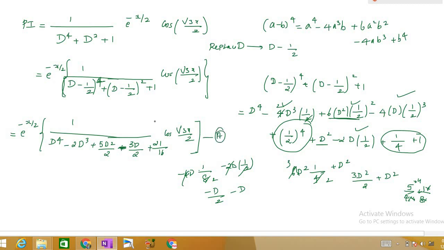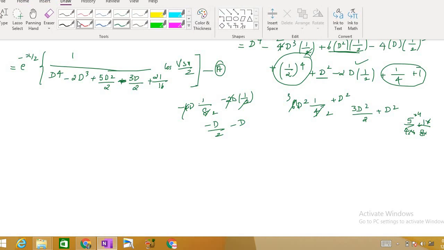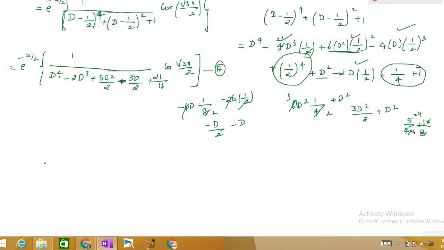Now one important thing is you need to apply type 2 here and then substitute in A. We need to apply type 2 to 1 by D power 4 minus 2D cube plus 5D square by 2 minus 3D by 2 plus 21 by 16 cos root 3 x by 2.